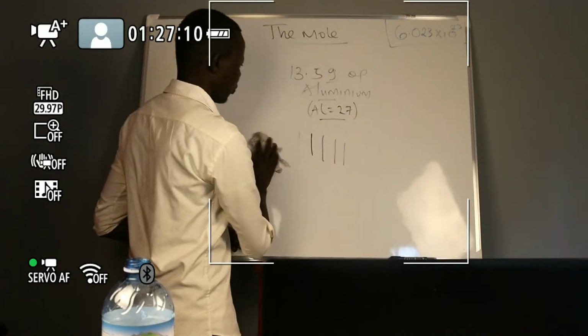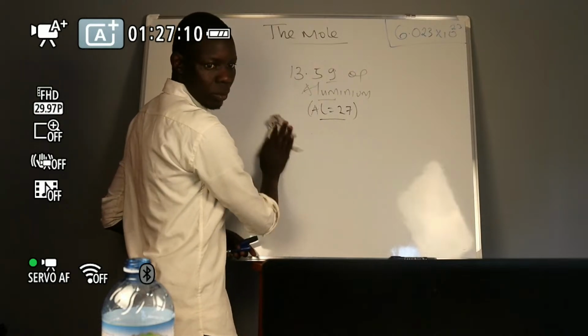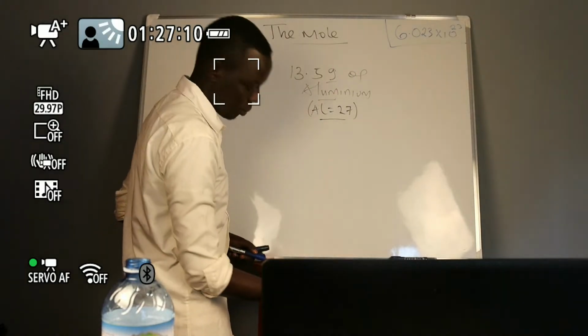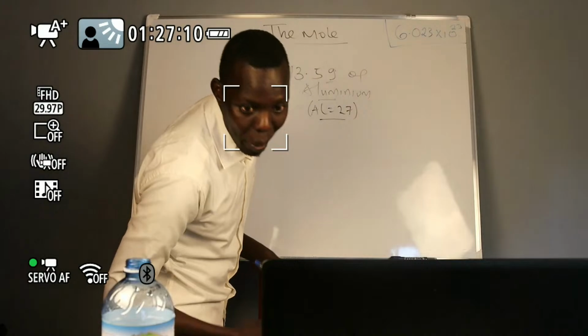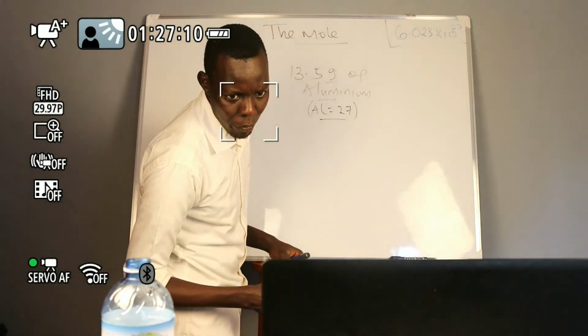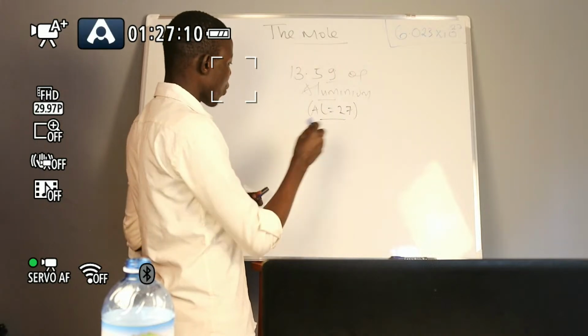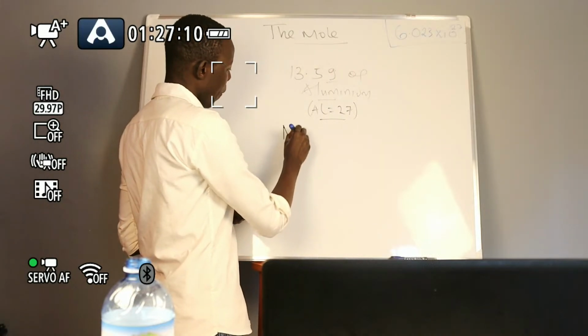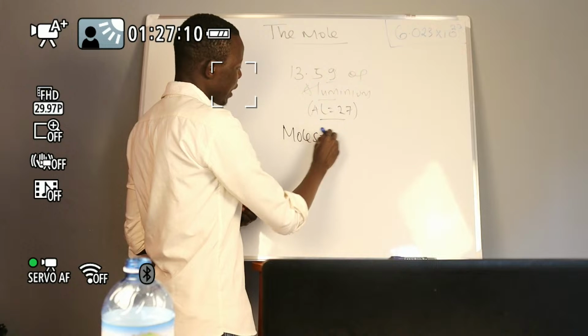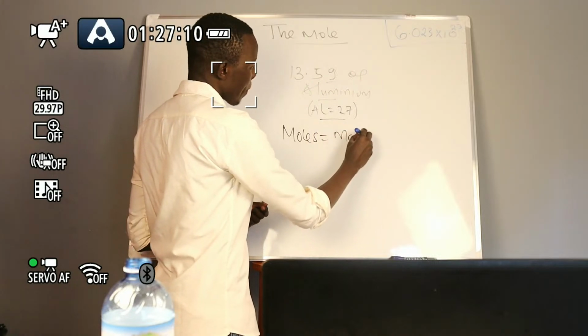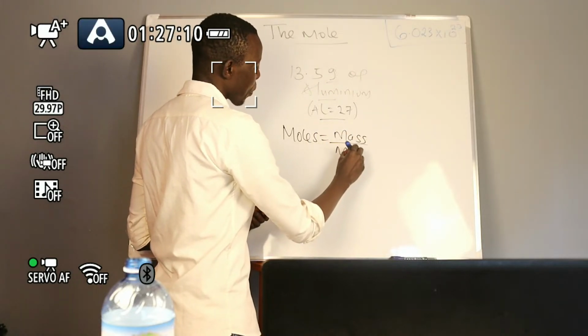Now, look at this. I want to confirm if Beverly is right or wrong. So we say if you want to calculate moles, it is mass over molar mass.